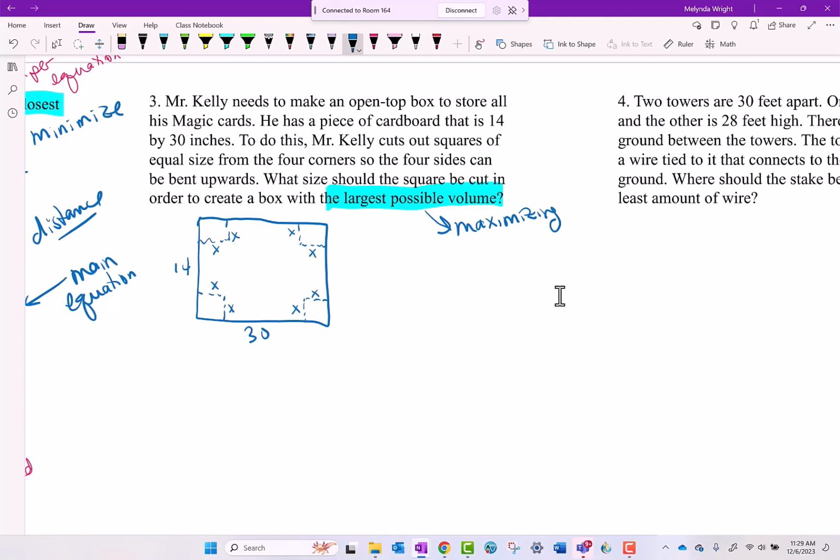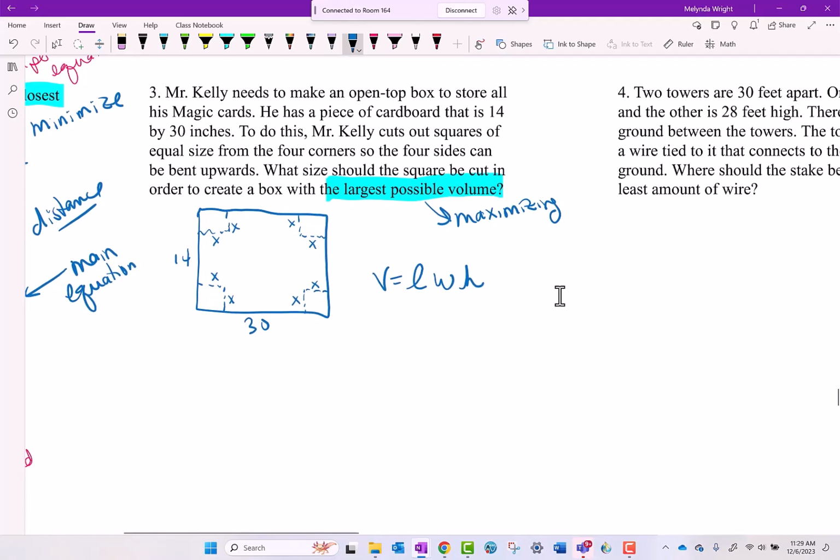It's going to be like a box. So the volume would be, we probably should know, length times width times height. Right? That's what the volume is. So let's use that on the figure that we have right here. Let's think about what the length would be. I'm going to call this part with 30 the length.